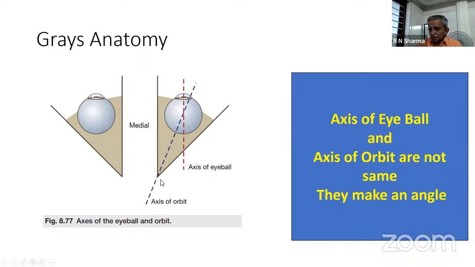On the other hand, the axis of the orbit will be slanting, making an angle with the axis of the eyeball. How much it is, we will come to later. So what we should remember is that the axis of the eyeball and the axis of the orbit are not the same and they are not parallel. They make an angle.